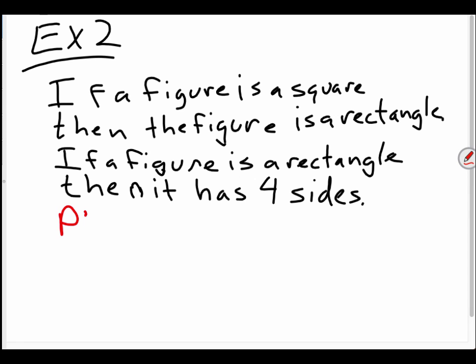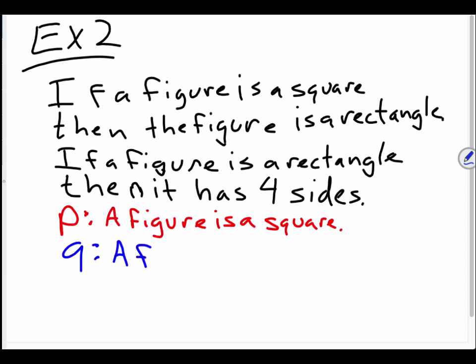P: a figure is a square. My Q is what? A figure is a rectangle.